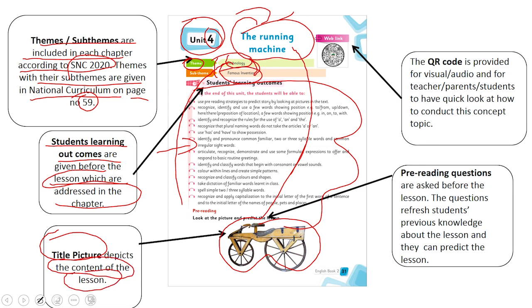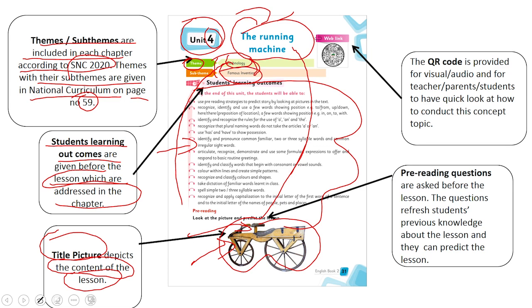As I told you before, the title, the unit name, and the title picture depict the lesson we are going to read. You have a very clear idea. You can predict that we are going to read about a bicycle. The text may contain information about a bicycle.